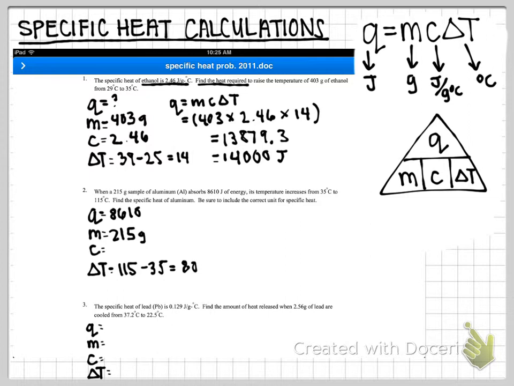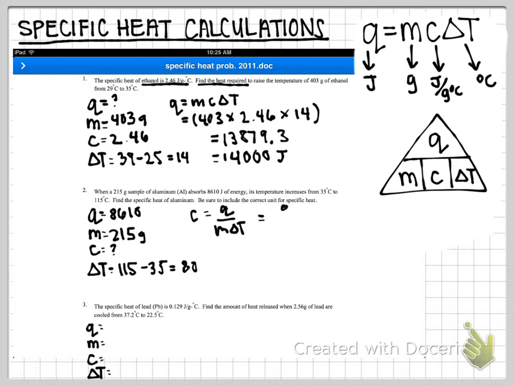And find the specific heat. So that's what we're solving for. If we look back at our triangle, if you're solving for C, you would take Q over M delta T.